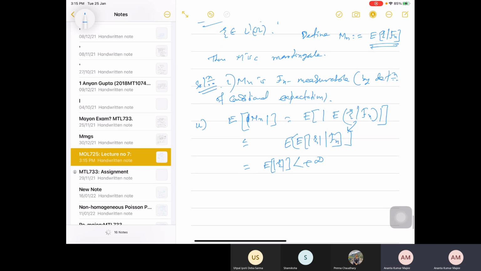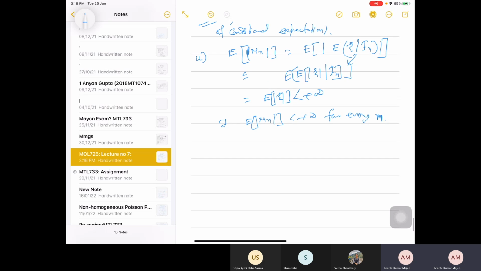Hence the expectation of mod Mn is finite for every n. Not only that, it is also uniformly integrable, as we will see later on, but here the supremum over n of the expectation of mod of Mn is finite. That means it is uniformly bounded in L1.